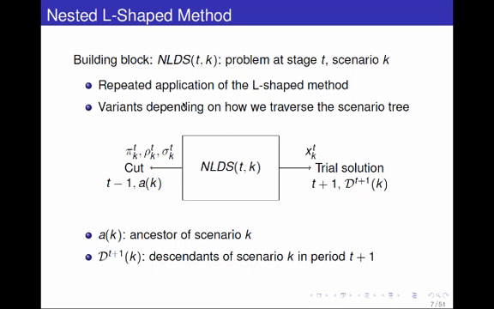The X that I throw forward is a trial solution that will be used in time stage t plus 1 by all of these guys. The notation here is the set of scenarios of period t plus 1 that are born from scenario k.